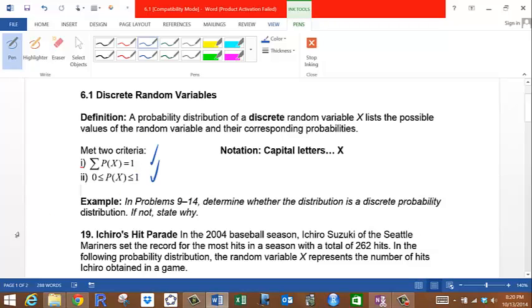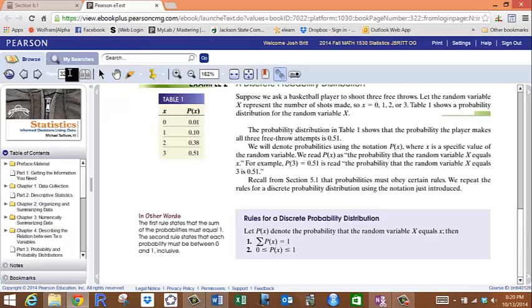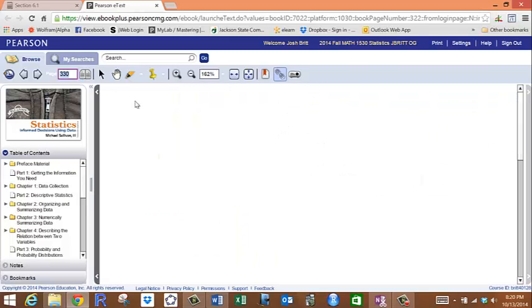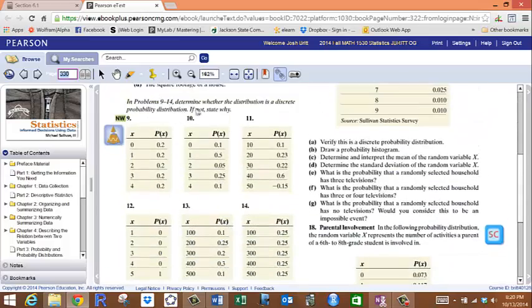So let's take a look in the textbook and see if we can get a feel for what probability distributions are. Turn over to page 330. It says determine whether the distribution is a discrete probability distribution. If not, state why. So number 9, we've got x, and x can take on the values of 0, 1, 2, 3, and 4.